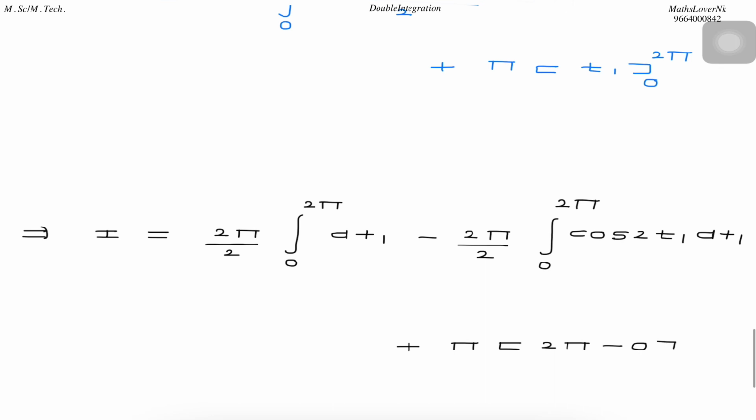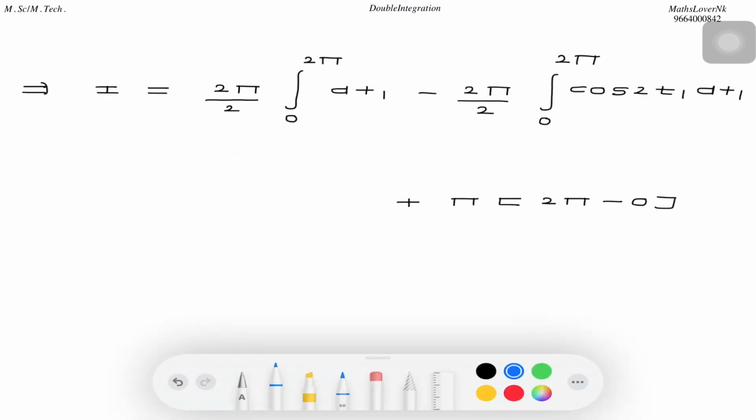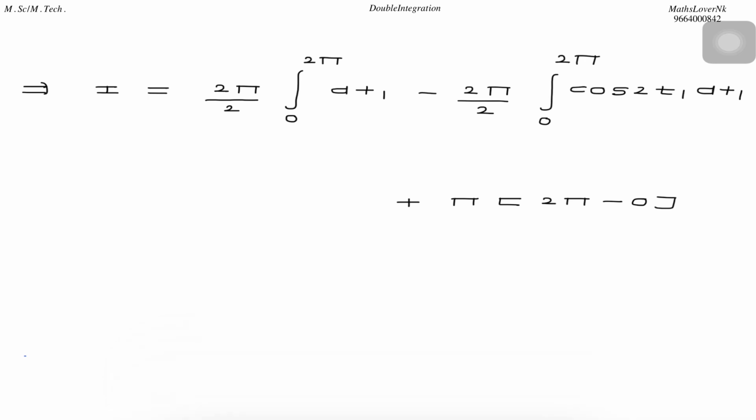So I is equal to 2 pi as it is, the integration of dt1 is always t1. So put the value of t1 from 0 to 2 pi, minus pi as it is.